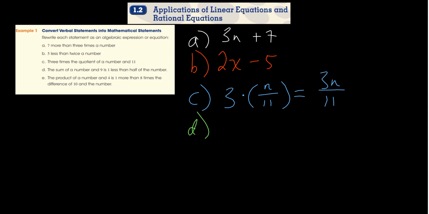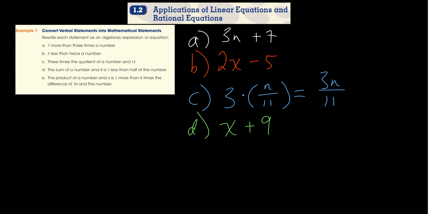D, the sum of a number and 9 is 1 less than half the number. Okay, so now we're getting a little more complex, and the complexity here would be this. The word is, when we talk about mathematical statements, that's equivalent to saying equal to, okay? So we're going to translate that essentially into an equal sign. So we're going to say the sum of a number and 9. Okay, well that's pretty easy, right? The sum of a number and 9, so we'll go back to using x for this one.